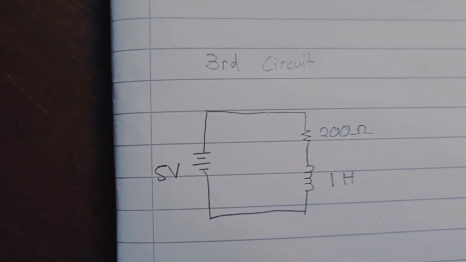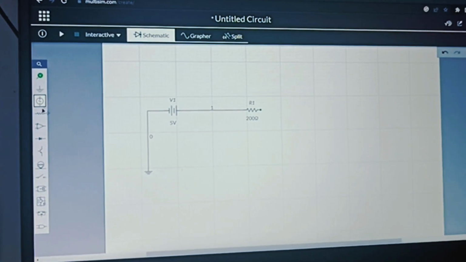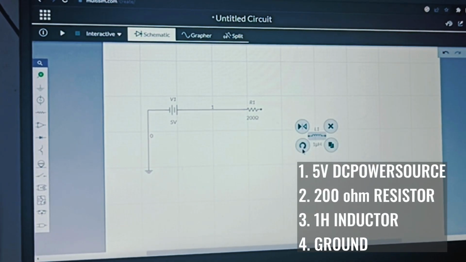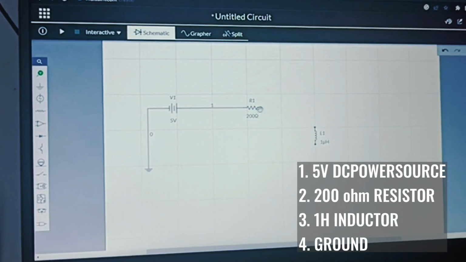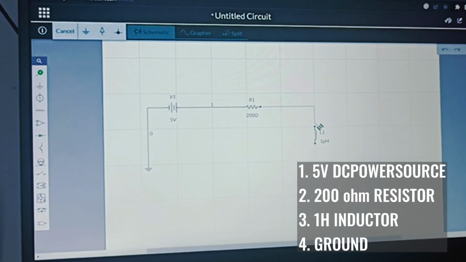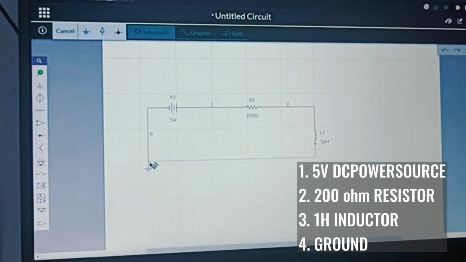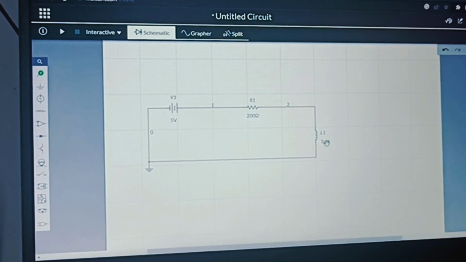For the third circuit, which is inductor circuit, we use 4 elements too, which is 5V DC power supply, 200 ohms resistor, and 1 Henry inductor with ground. We connect all of them in series.